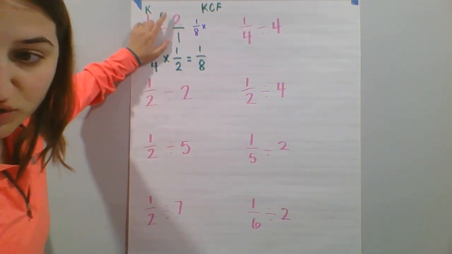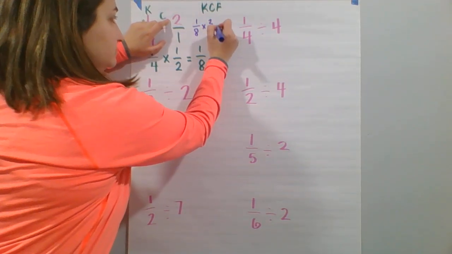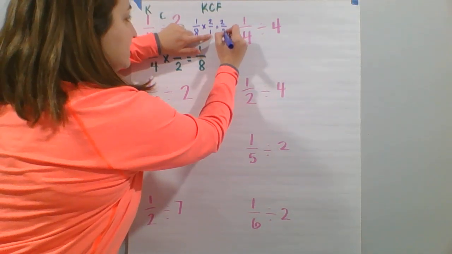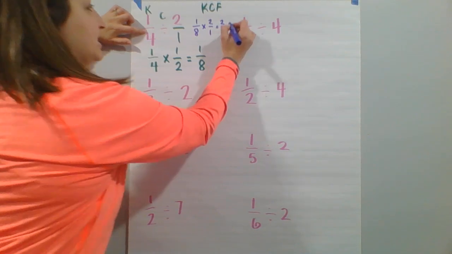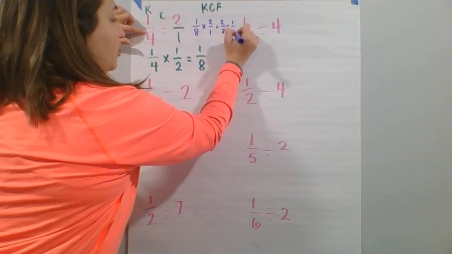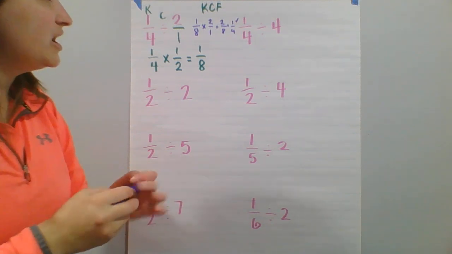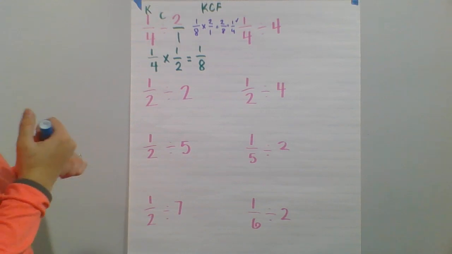Our whole number was 2, so you want to make sure that you're using 2/1. 1 times 2 gives me 2. 8 times 1 is 8. If I were to reduce this, it will actually give me 1/4, which tells me that my answer is correct.